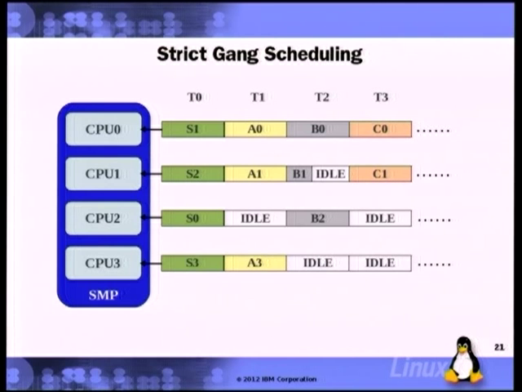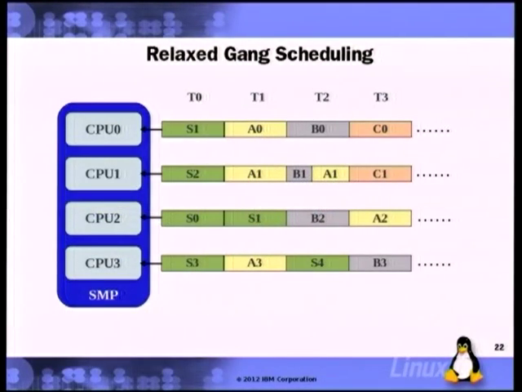Similarly, at T2, B1 runs for a while, it's done its work, it submits an I/O and it is done. After that, we idle it. Similarly, C0 and C1 are only two vCPU VMs, so other CPUs are free, but still that's idle. So this is strict gang scheduling.